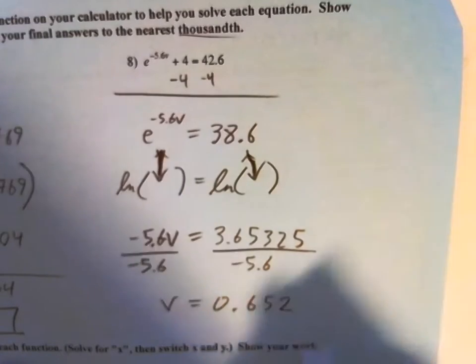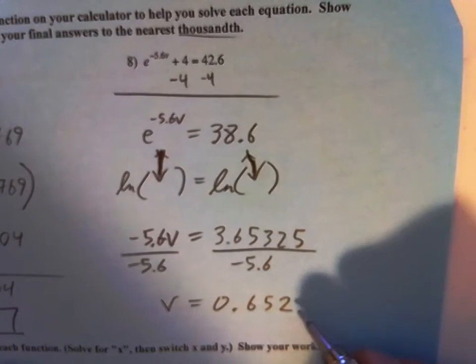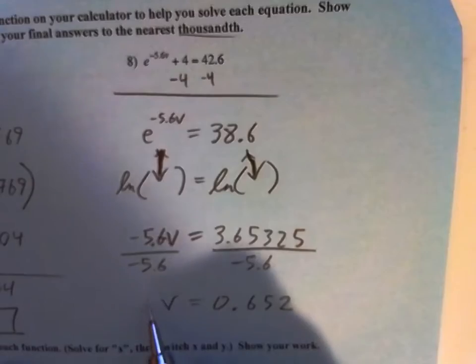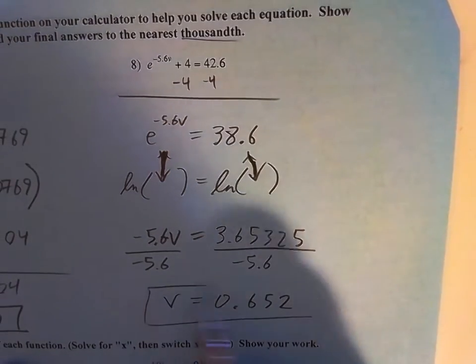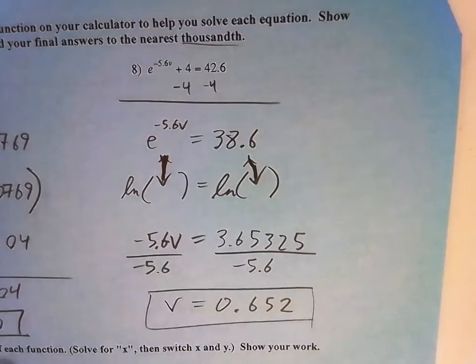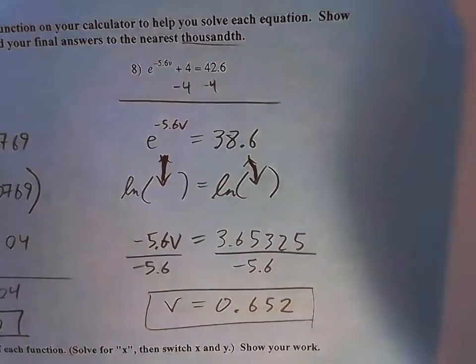Wait a second, nearest thousandth. The next number is less than 5, so I'm not going to round up. I'm just going to cut it off right there. Okay, there we go.